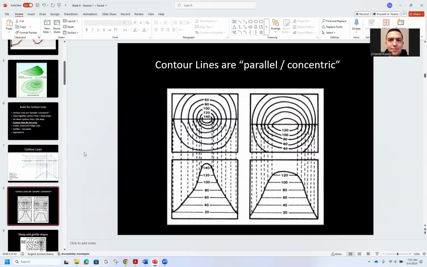And so again, the contours are parallel or concentric. They close on each other, right? So you have a huge steep climb here, and you see those contours are close together. They're concentric, parallel with each other, and they run around the entire hillside.